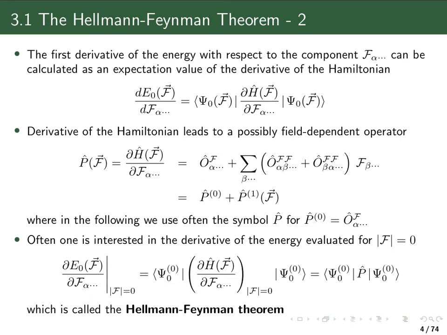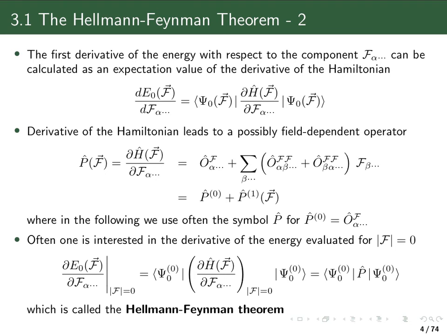From the terms quadratic in the field, if I take the first derivative, I still have a field left. So I can write this operator P, obtained by taking the first derivative of the field-dependent Hamiltonian, in two terms: an operator independent of the field, called P zeroth order, and an operator still linearly dependent on the field, because we have terms in the Hamiltonian which are quadratically dependent on the field.